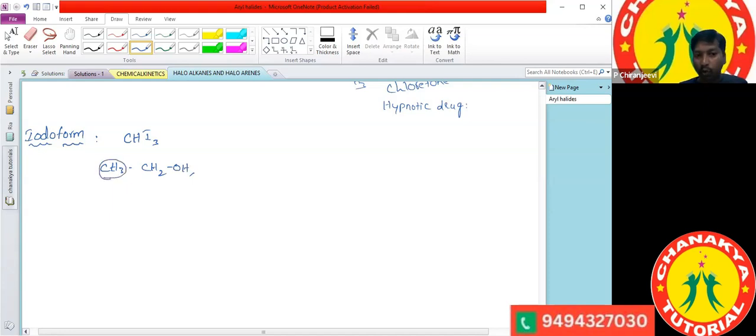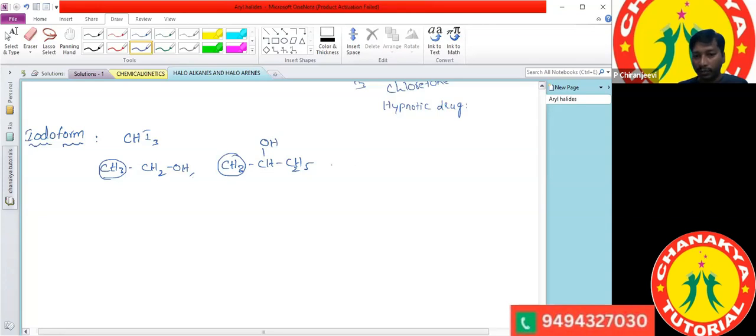This methyl group, attached to the carbon adjacent to the alcoholic carbon. Another example is CH3-CH(OH)-C2H5. This also gives the positive iodoform test, and the methyl group is what is involved.